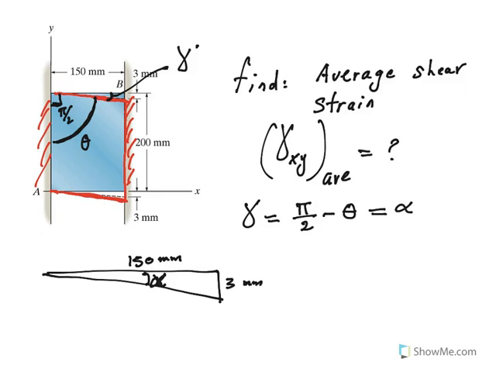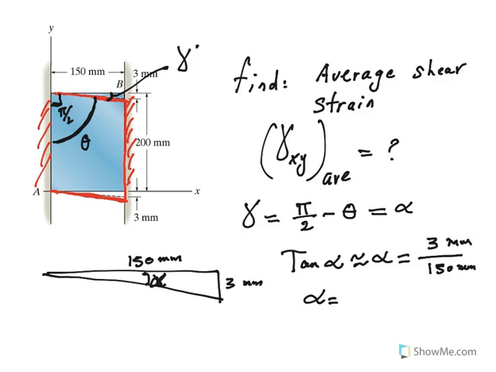By the way, for small angles, and this alpha is a very small angle, the tangent of a small angle is the same as the angle in radians. So if you just take the tangent of the angle, it is opposite 3 millimeters over 150 millimeters, and that actually becomes radians. So we don't have to really use inverse tan. I mean, you could find inverse tan of 3 over 150 and then change it to radians, because you're going to get it in degrees.